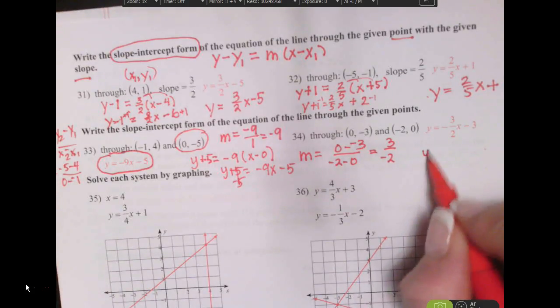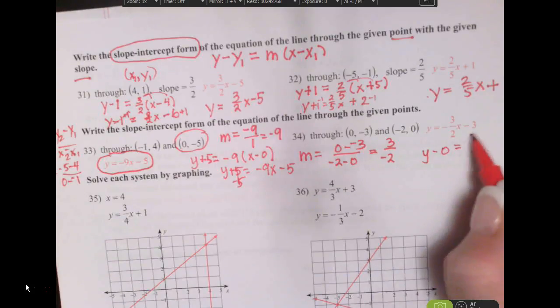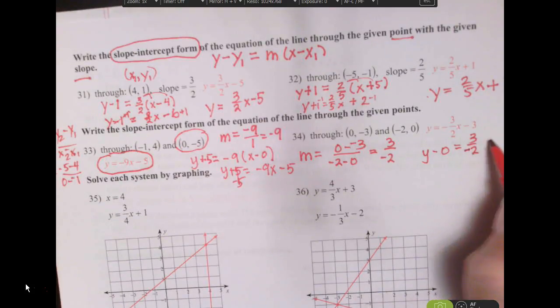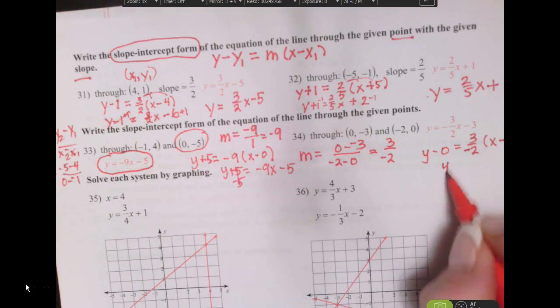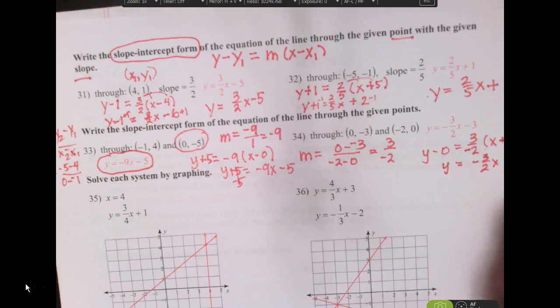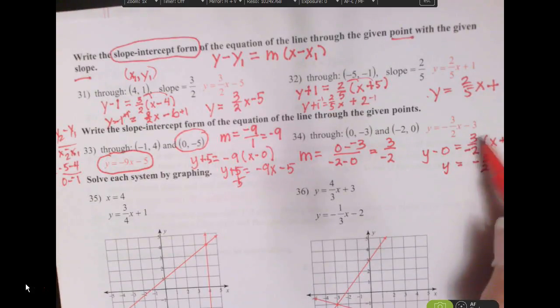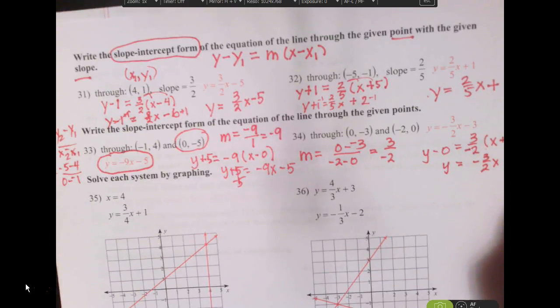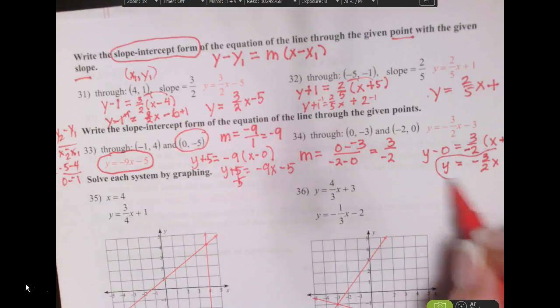So y minus 0 equals 3 over negative 2 times x minus minus 2. So y equals negative 3 halves x, and I change that to plus. So negative 3 halves, or 3 over negative 2 times positive 2 is minus 3. So there's my answer.